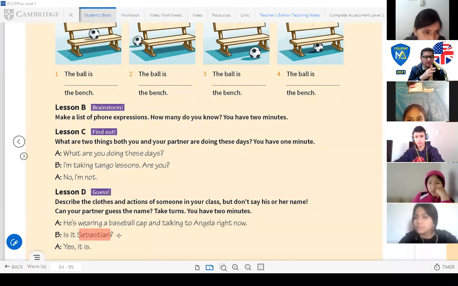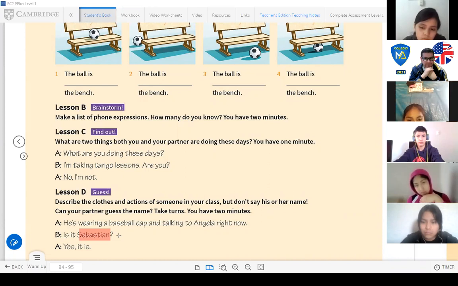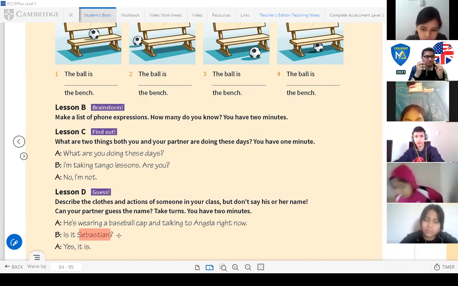She's wearing glasses. Who's the person? Tell me, who's the person? She's wearing glasses right now. Vamos, you have to guess.